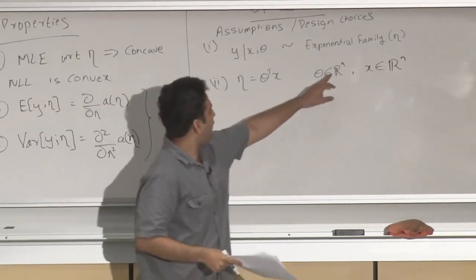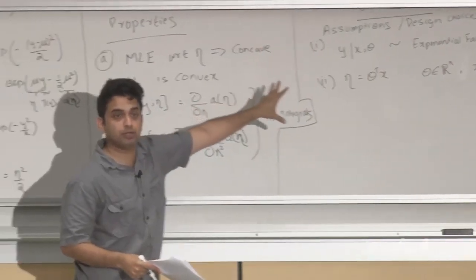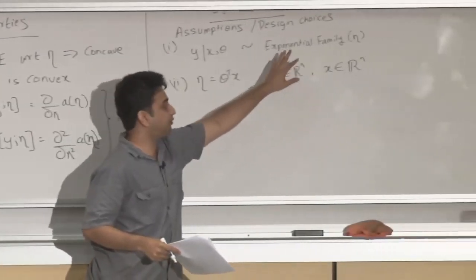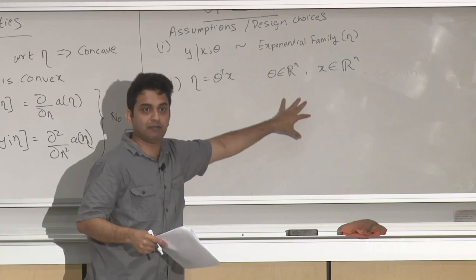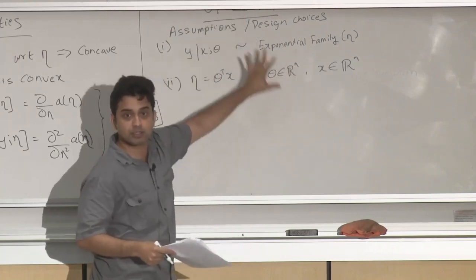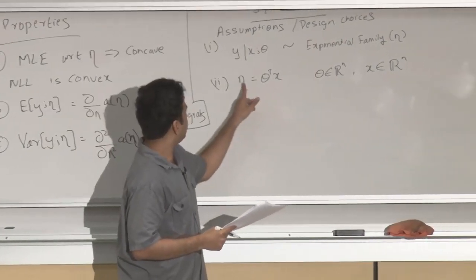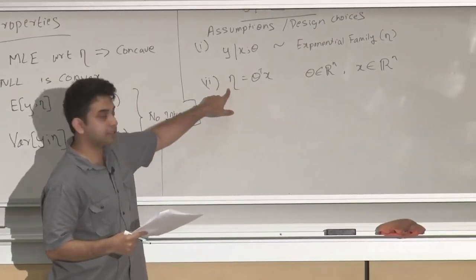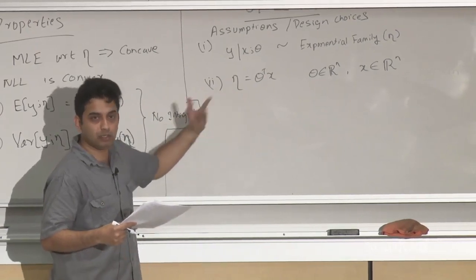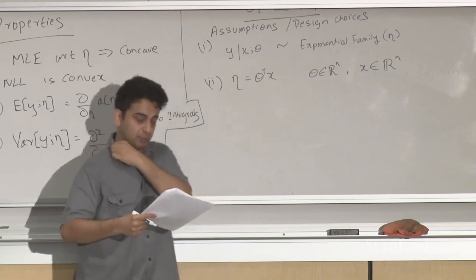Now this n has nothing to do with anything in the exponential family. It's purely the dimension of your data, the x's of your inputs, and this does not show up anywhere else. We make a design choice that eta will be theta transpose x.